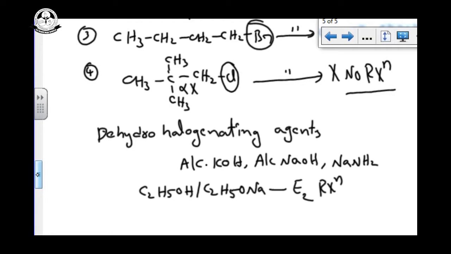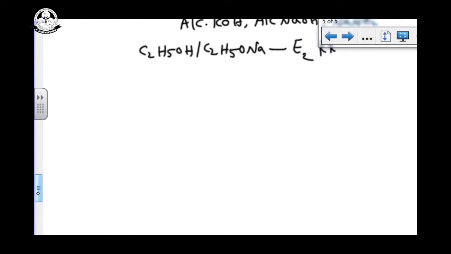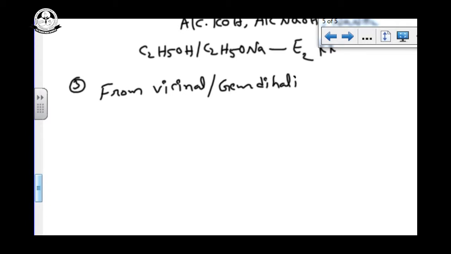First one was dehydration, second one was dehydrohalogenation, and third one we are going to see is the preparation of alkenes by dehalogenation from vicinal or gem dihalides.